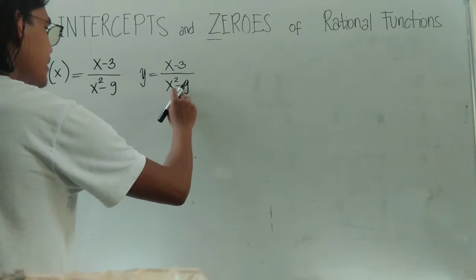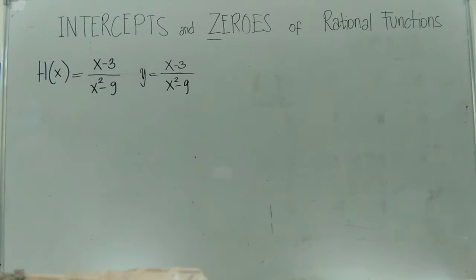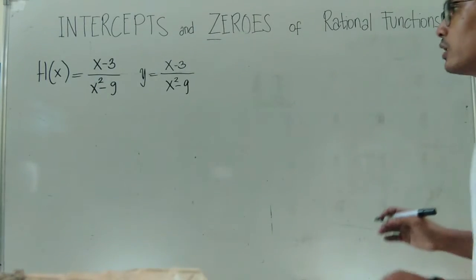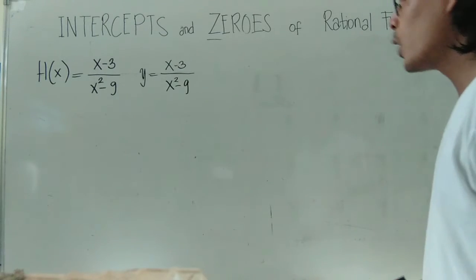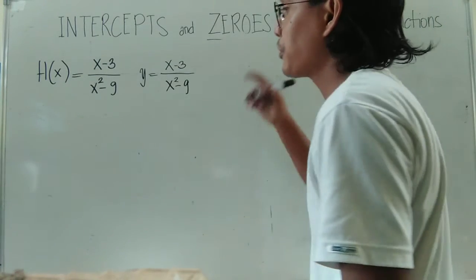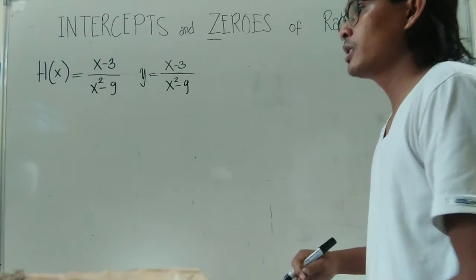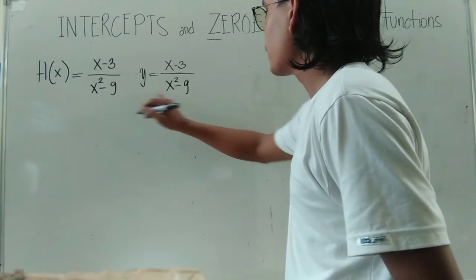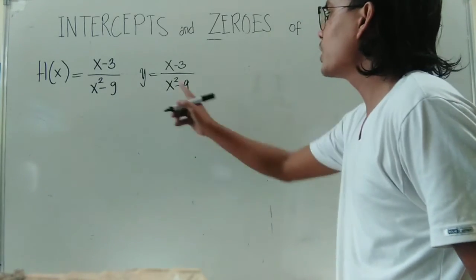Again, your denominator is at the quadratic degree. So when you are on a degree greater than 1, you can assume that your terms, whether your numerator or denominator, can be factored.